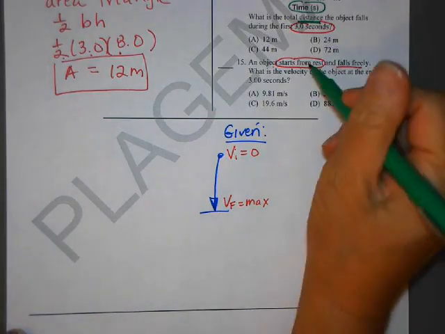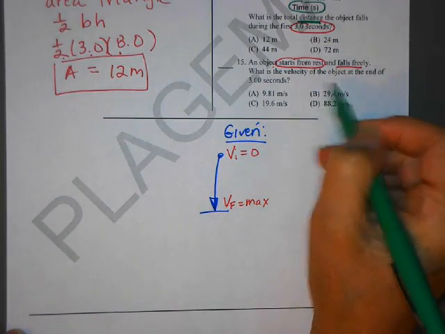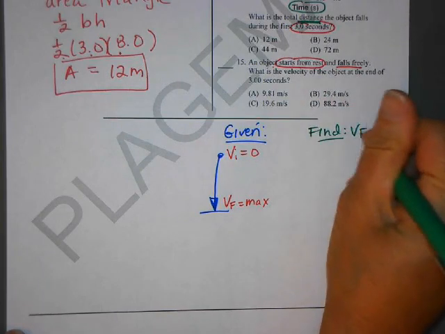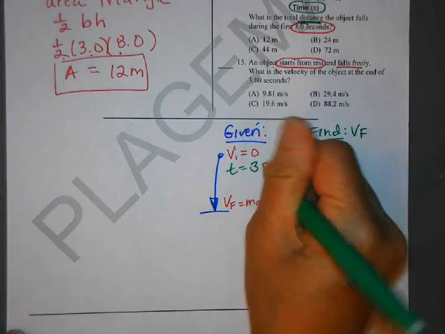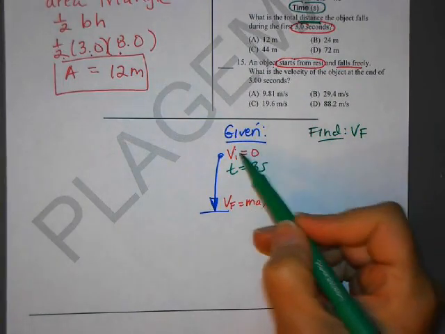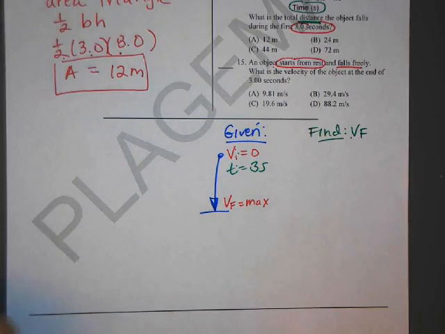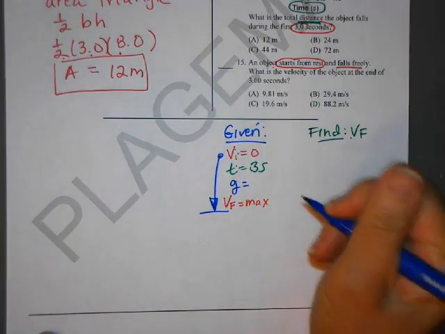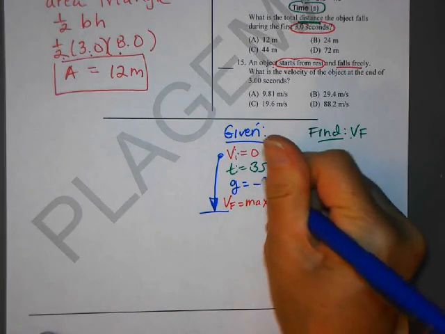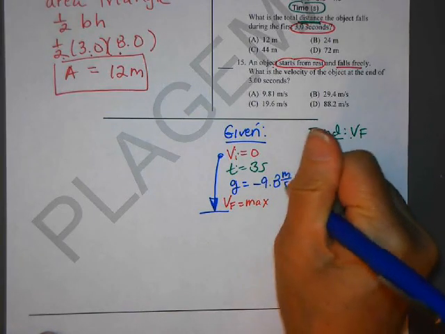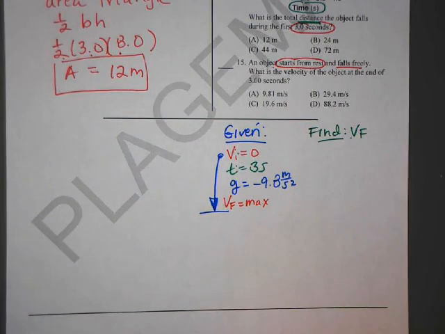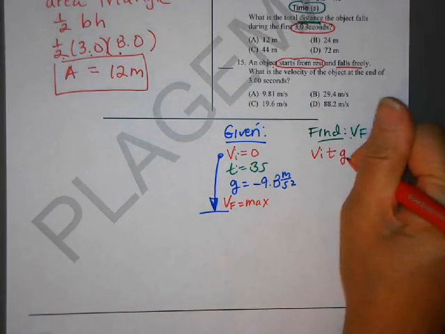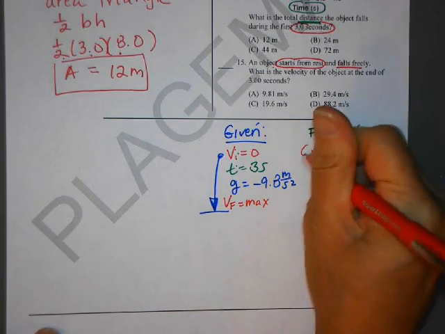And when I read the problem, it says, what is the velocity? So I want to find VF after 3 seconds. So I'm looking at this problem and I say 1, 2, 3, I'm missing something. So we forgot our hidden variables. We need the acceleration due to gravity, which is negative 9.8 meters per second squared. So I have VI, I have T, I have little g, and I want to find VF.